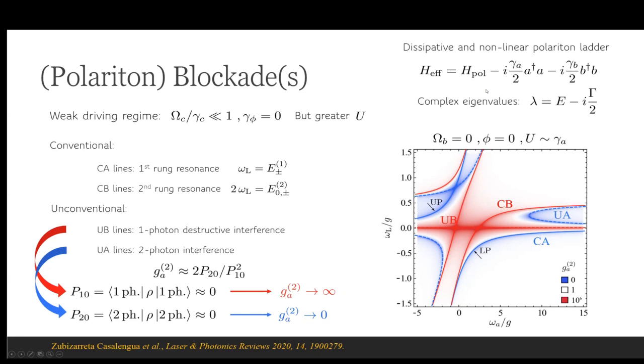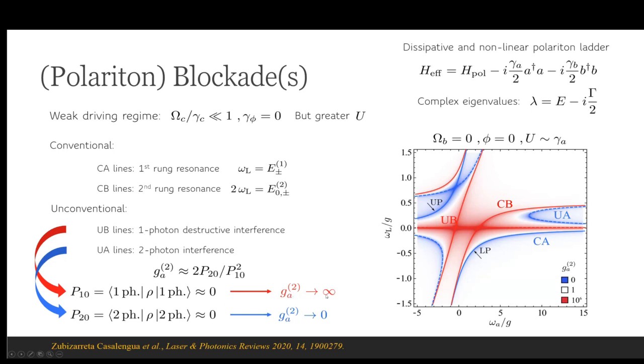Just one minute, let me finish this slide, and I will go to the end of the talk. In this case, the system is dissipative, so we have to diagonalize this Hamiltonian, and we can solve it analytically in this region of having a very weak source, and we can plug these conditions in and find all these lines. And for the unconventional ones, we recover the idea from the previous slides, in which we find that these lines are indeed found by putting the conditions to create a destructive interference at the one photon level.